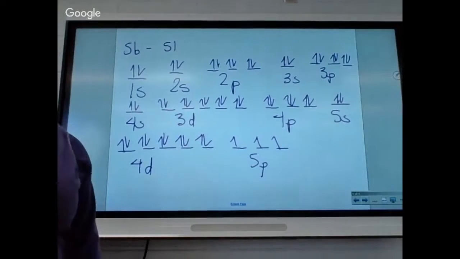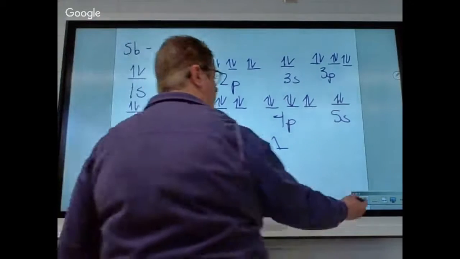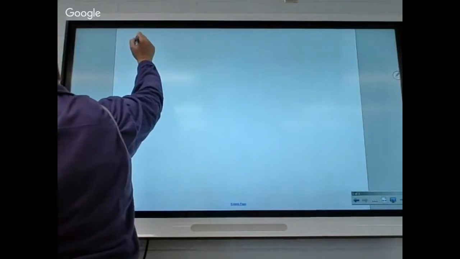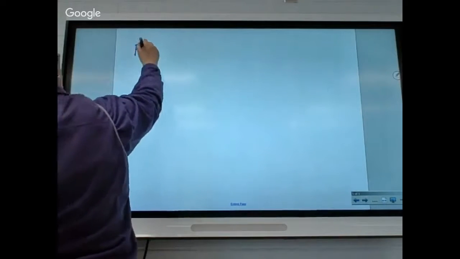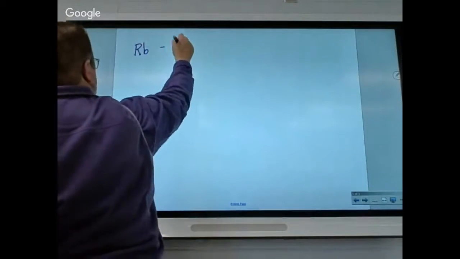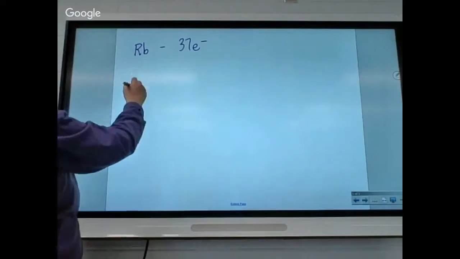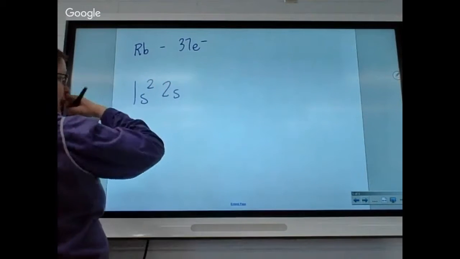All right. Now, electron configurations. Who are we doing? Rb. So Rb has what, 37? Yes, 37 electrons. All right, what's first in my chart? How many can I put there? Next in my chart is, how many can I put there?